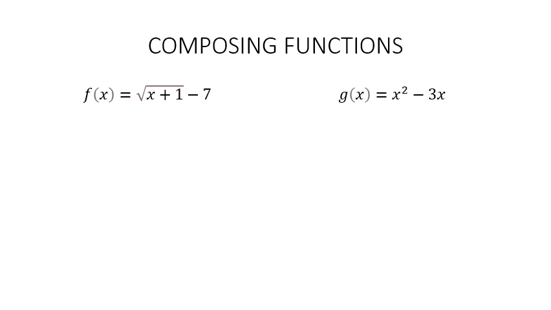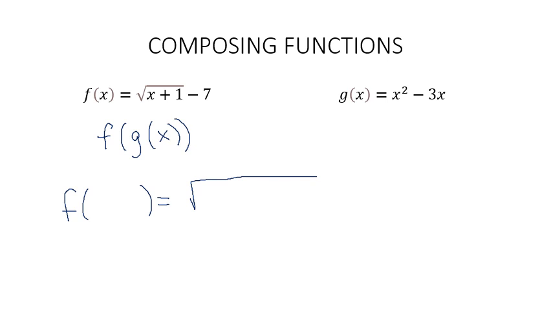For example, we can make a new function f of g of x without specifying any input. So the instructions for f of x say that I am going to take the square root of whatever the input is, and I'm going to add 1 to it, and then outside of the square root, I'm going to take away 7.